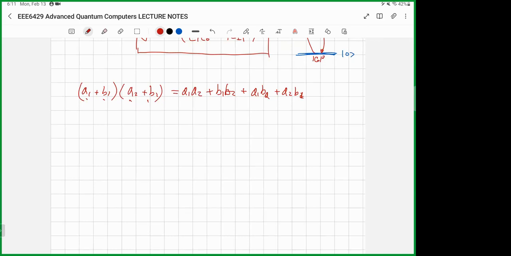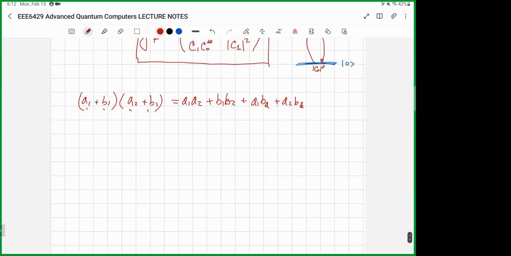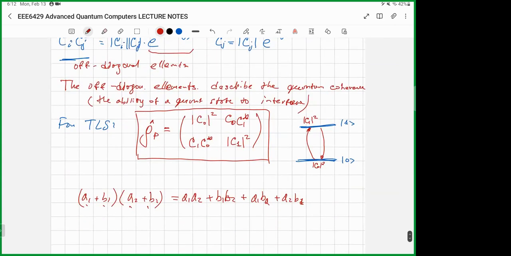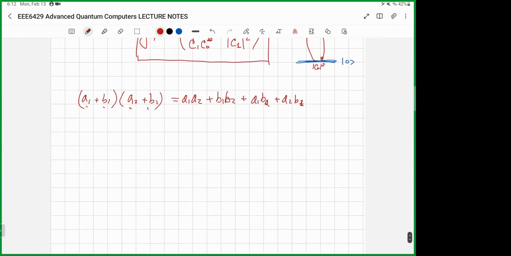It's correct, but for what follows, maybe let's rewrite it this way.